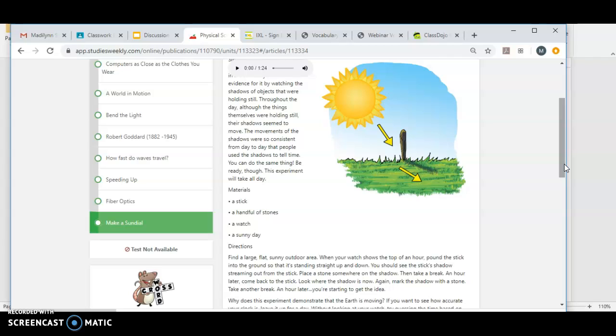So make sure that you stay in your space and stay safe. So what you're going to do, you're going to read this, you're going to follow these directions, and you're going to create your sundial. Then what I want you to do is video yourself with your sundial, and I want you to tell me your observations and the data that you collected. You're going to take that video and post it up to your Dojo portfolio.